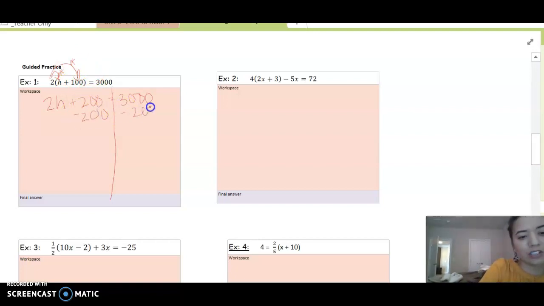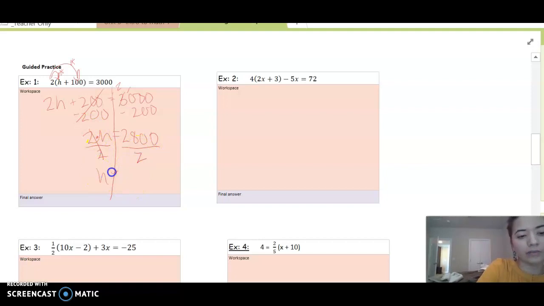I'm going to subtract 200 from both sides. These are inverses, so they cancel. And I get 2h equals 0 minus 0, 0 minus 0. That becomes a 2, that becomes an 8. And we have 2,800. Now I have 2 times h, so I'm going to get rid of that 2 times by dividing.